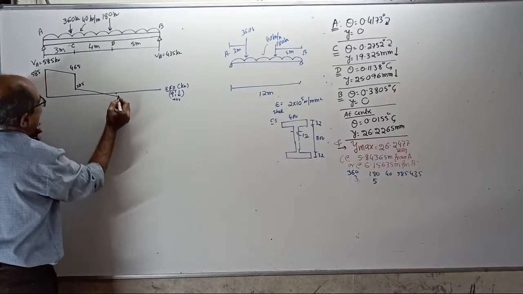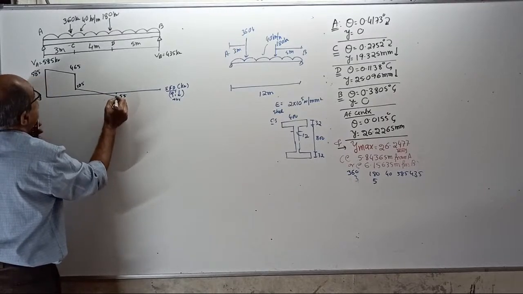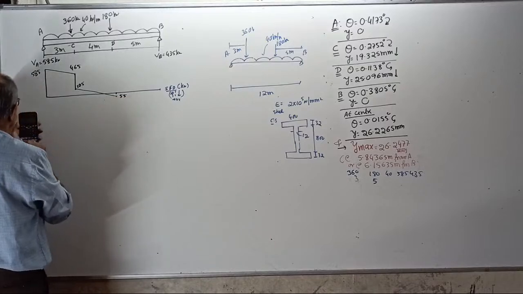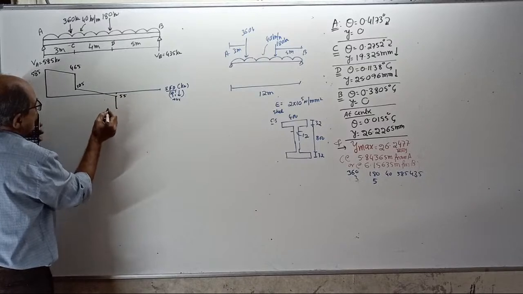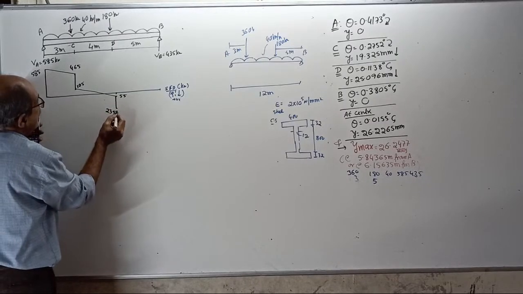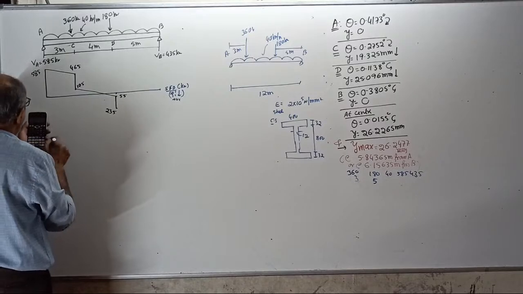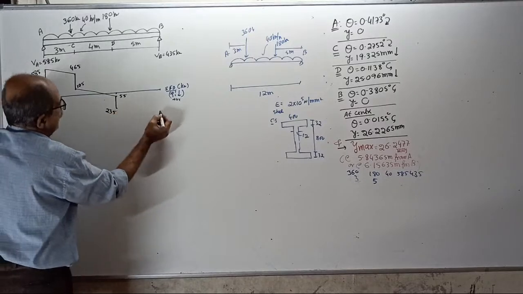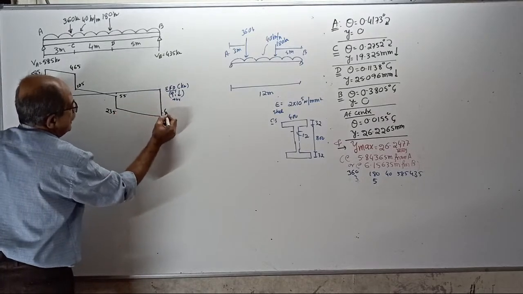Out of scale, this is 55. Then down by 180. Sorry, no explanation. 235 here. Again down by 200, 40 into 5. 435 here. Here 435, it will come this way. This is the shear force diagram.